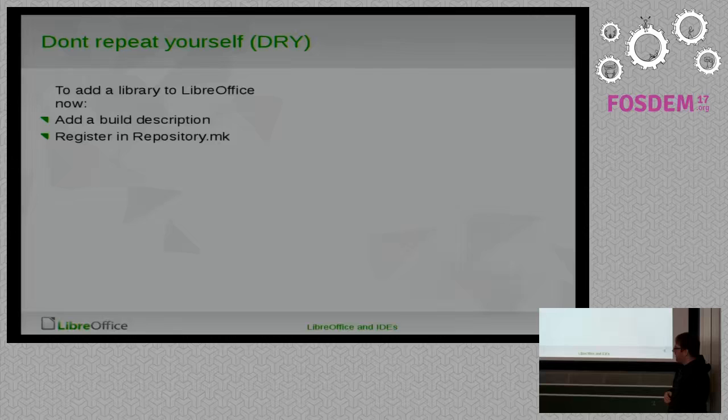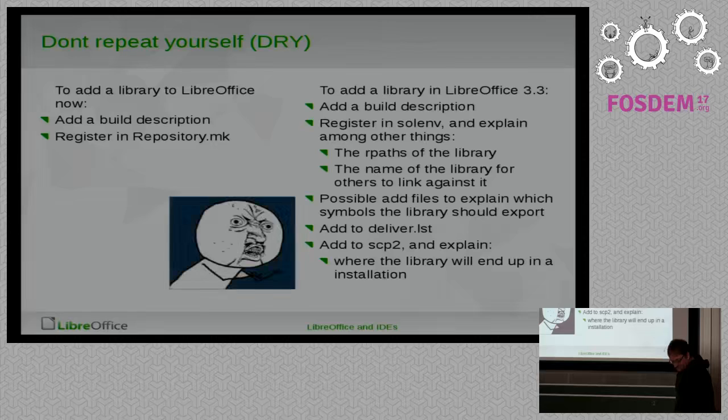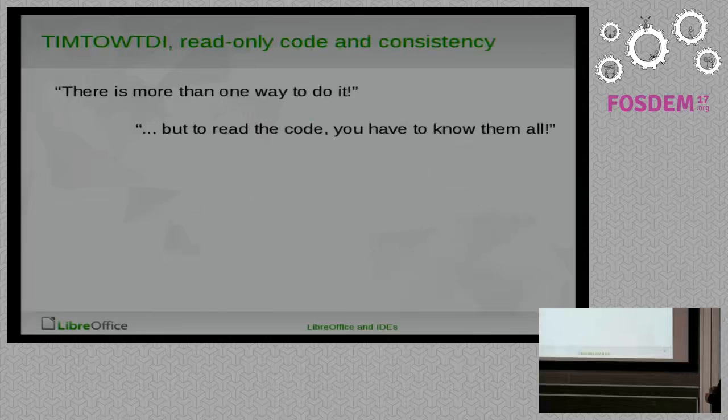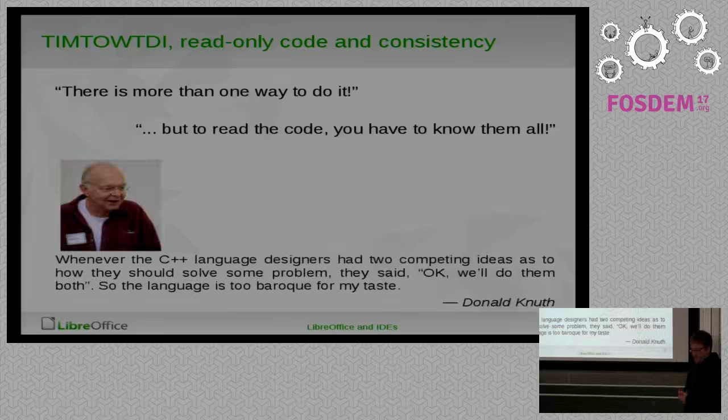In the old OpenOffice world, well, it was a bit different. So that was one of the issues we had with the old stuff. The other thing was TIMTOWTDI, so there's more than one way to do it. And well, that's always a bad thing, because you have to know all of them to read actually what others are doing.